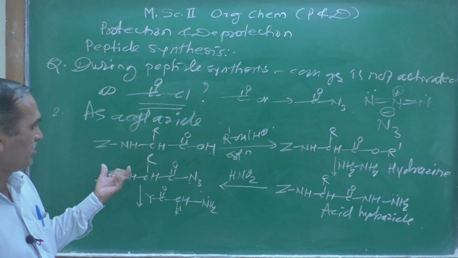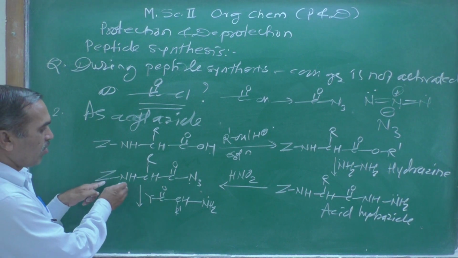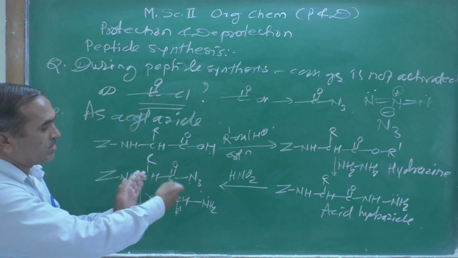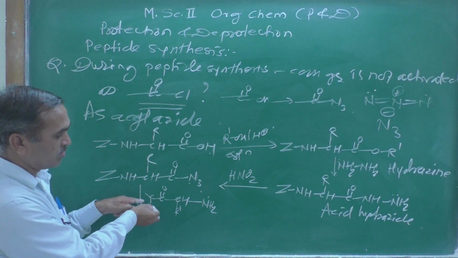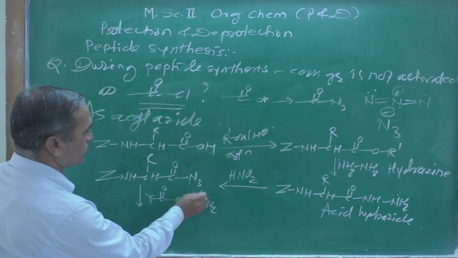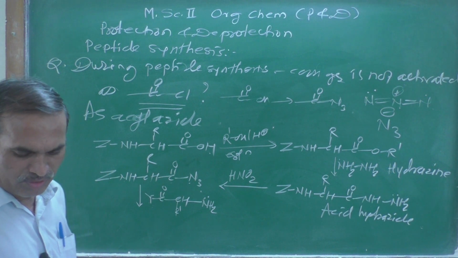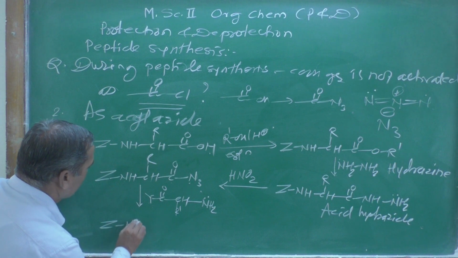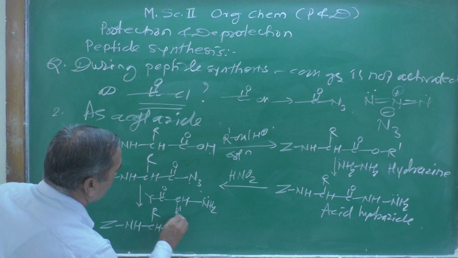This is one of the protected amino acids, and here the carboxylic group is activated. Now the carboxylic group is protected and the NH2 is free to react, so it is going to react over there, and azide gets departed. So what do you get? You are going to get here Z, NH, then CH, R, then C double bond O.